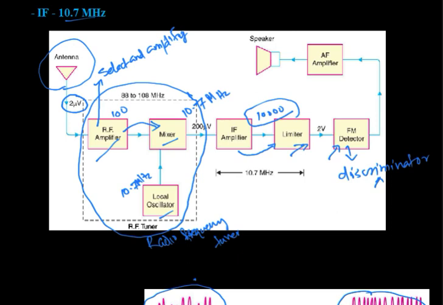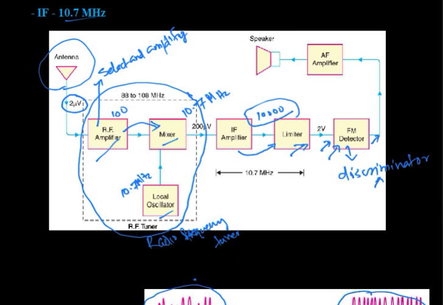It is called a discriminator because it can distinguish between different frequencies in the input to provide different output voltages. So depending upon the difference in the input frequency of this FM detector, it provides the corresponding output voltages. That is why it is called the discriminator.